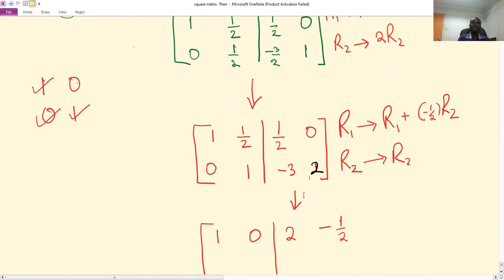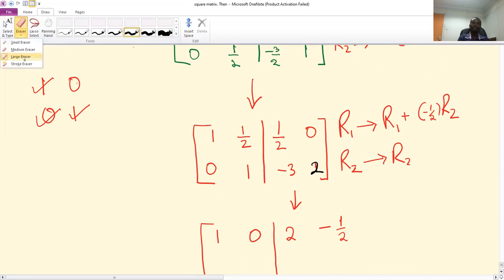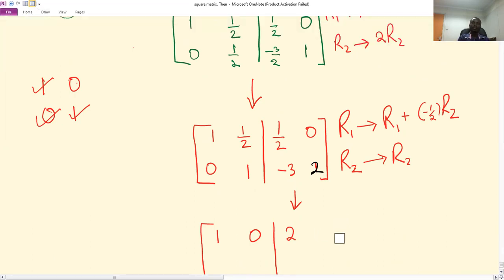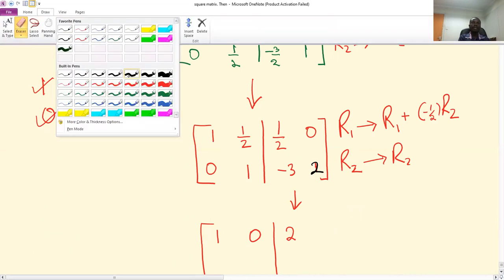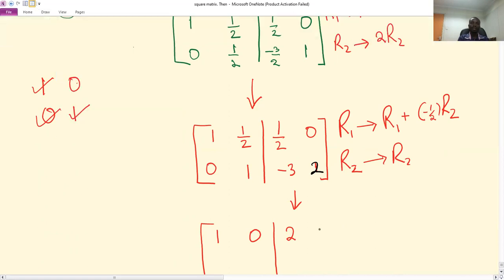So that now when you say 0 plus negative a half times 2, that will give us negative 1. Yeah, so this will be negative 1. And this is 0, this is 1, this is negative 3, and this is 2.